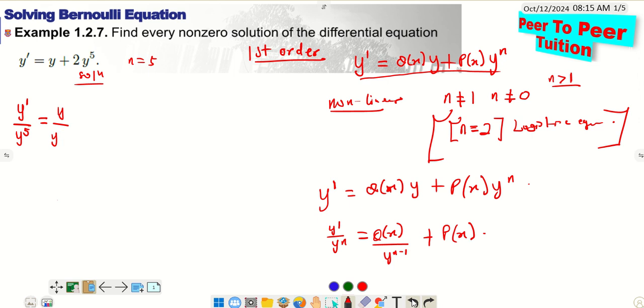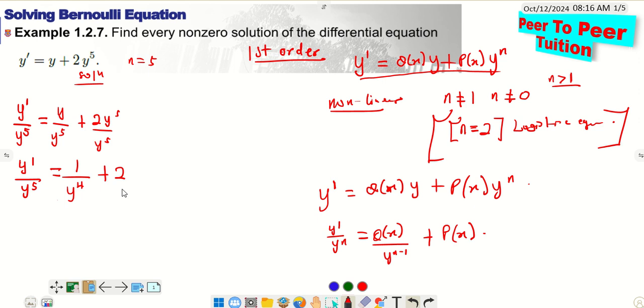We are dividing all by y to the 5, then plus 2y to the 5 divided by y to the 5. So when we do this, we will get y prime over y exponent 5 should be equal to 1 over y to the 5 minus 1. That is what we have here. And that will give us y exponent 4 plus 2.